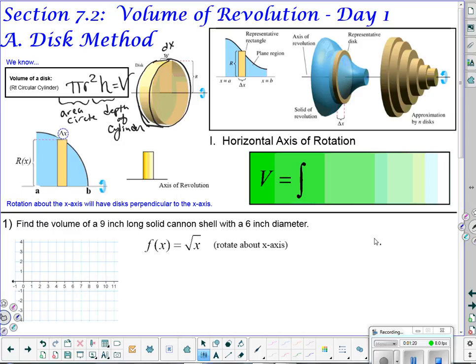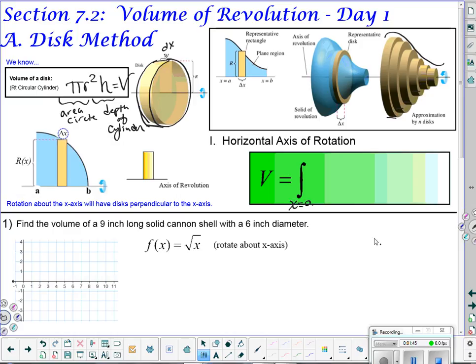Then all we need to do is just stack a bunch of cylinders side by side, which follow the height of the curve, and we can create a three-dimensional object. Except we don't want to have just 3 or 5 cylinders. We want infinitely many cylinders, so they're super thin, and that'll give us the sum of all those disks, and we can resort back to the integral.